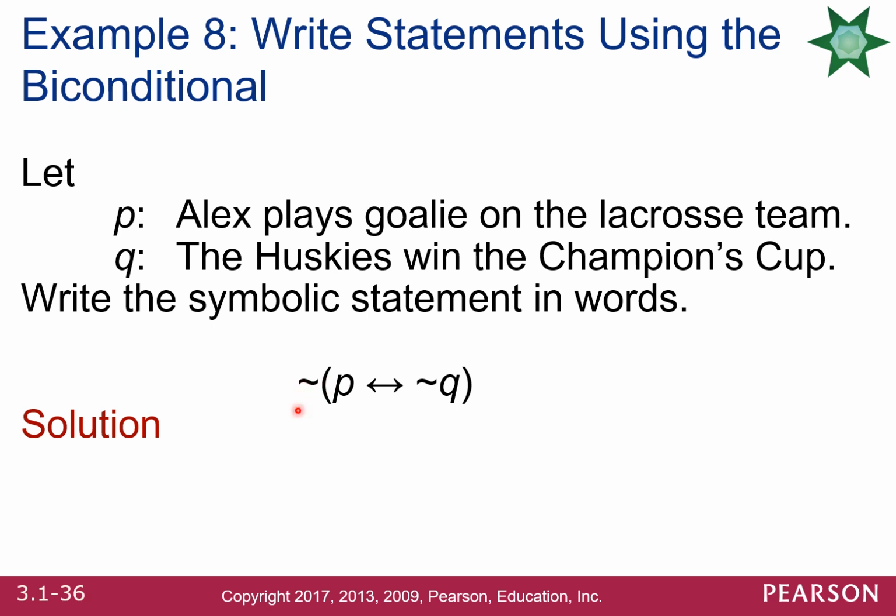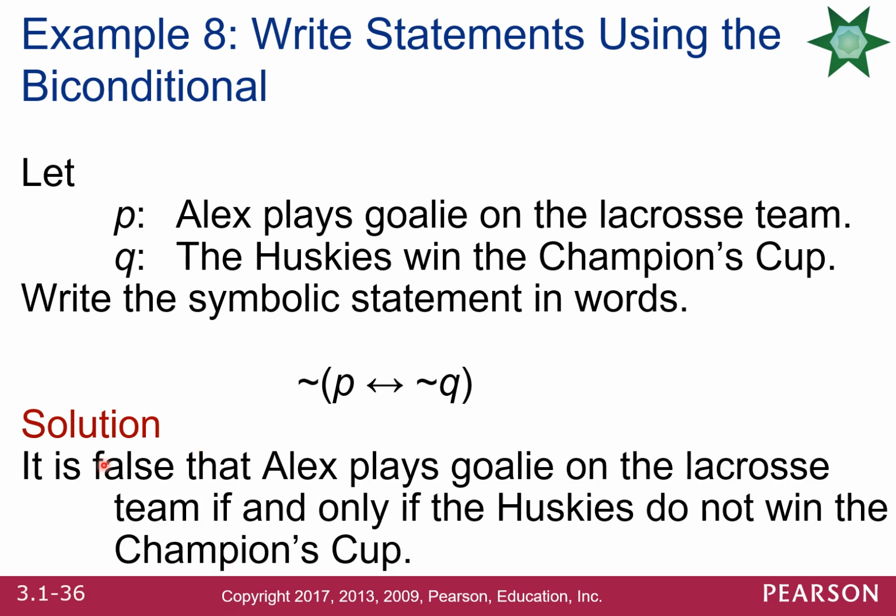Whenever we have negation to start with, in word form we start as it is false that. So let's see whether the solutions do that. It says here it is false, and this part of the sentence, this phrase is coming from this first negation. So it is false that Alex, within brackets we have a P, which is Alex plays goalie on the lacrosse team, and then the bidirectional arrow is for if and only if.